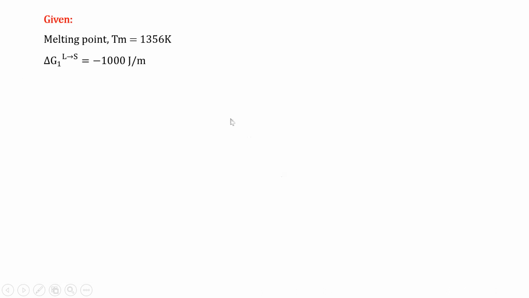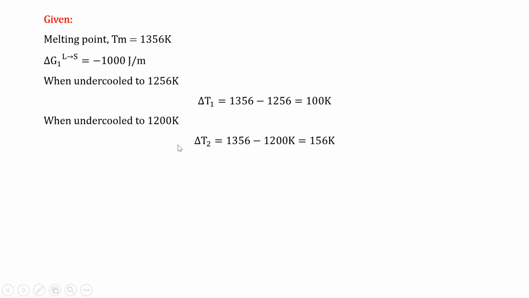This is the written explanation. Melting point temperature is given to us. Delta G1 is also given to us. When undercooled to 1256, delta T1 will be 100 Kelvin, that is subtracting the temperature at which undercooling had taken place from the melting point. And then again, when undercooled to 1200 Kelvin, delta T2 will be the melting point minus 1200, that is 156 Kelvin.